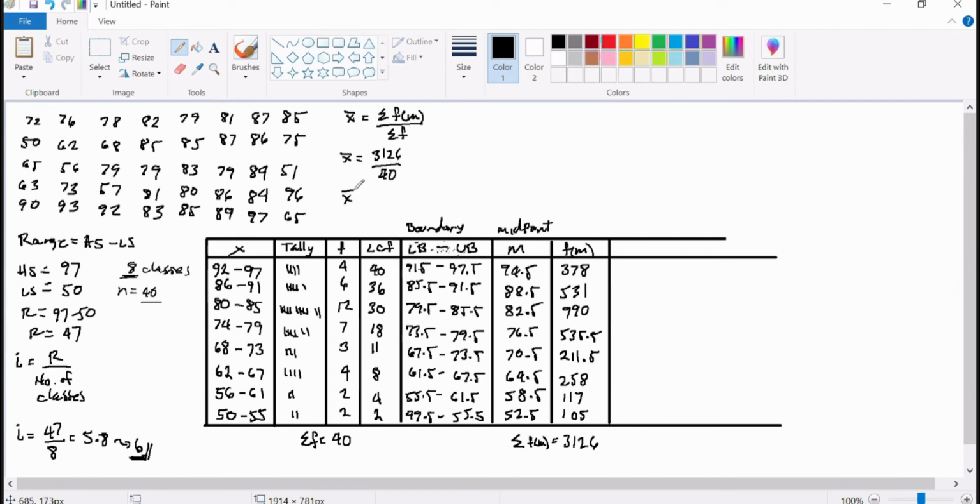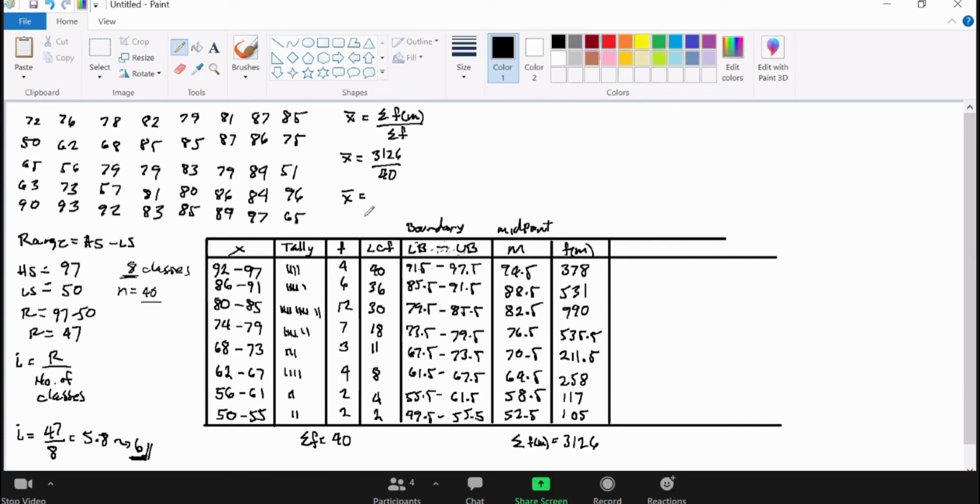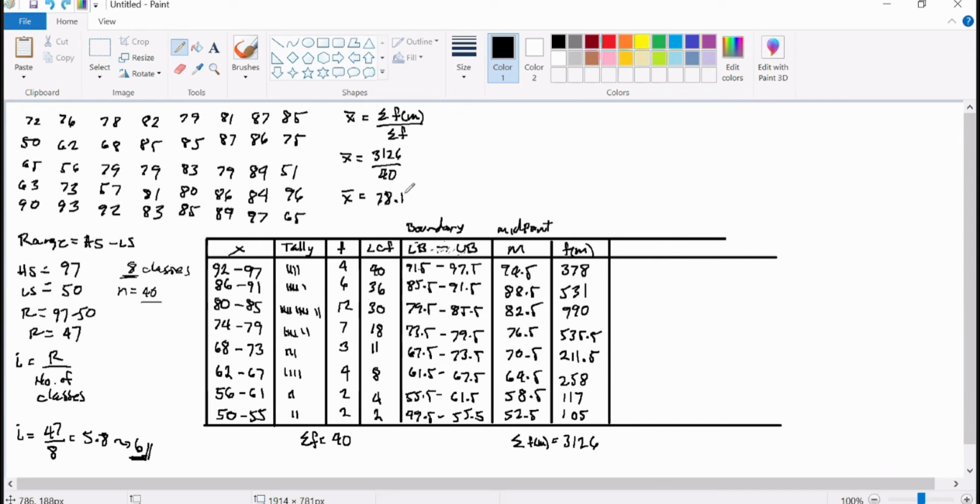So our mean is equal to 78.15. That is now the mean.